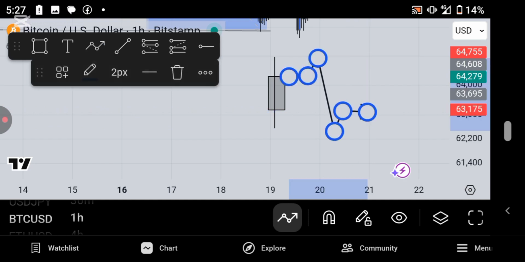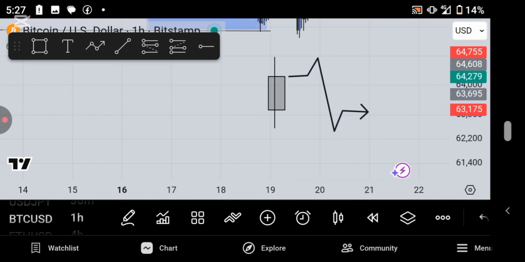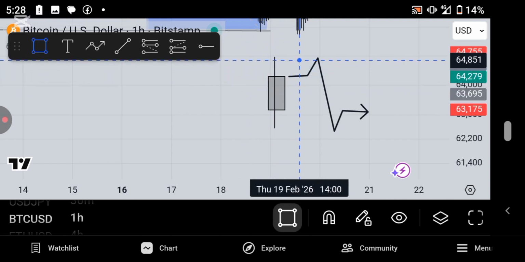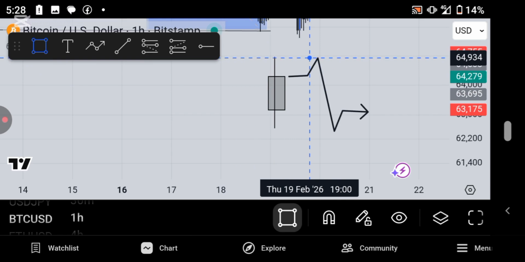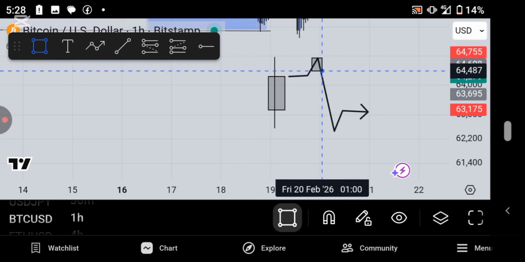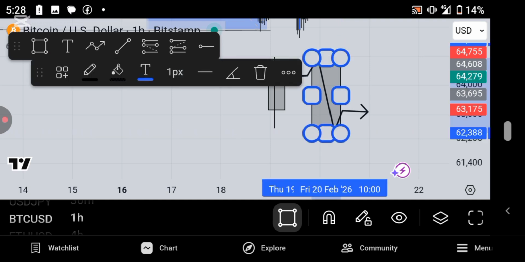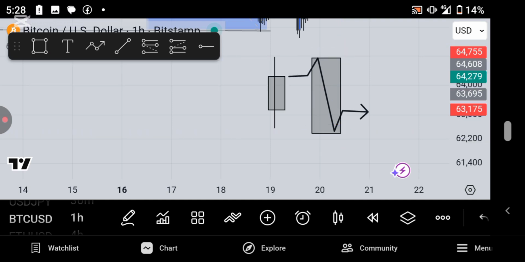Now this is what we call the candlestick anatomy. So guys, ask yourself, what if I can get this expansion in the market? If you can get this expansion in the market, guys, you will be very profitable. How do we get this expansion is the question.